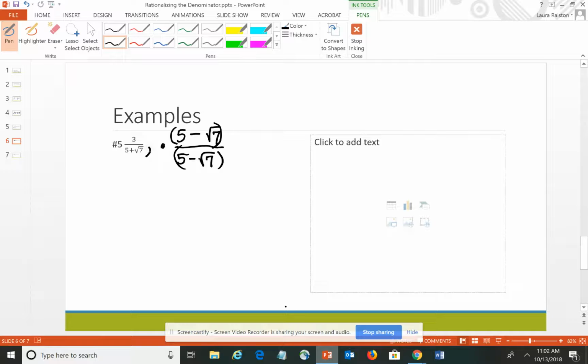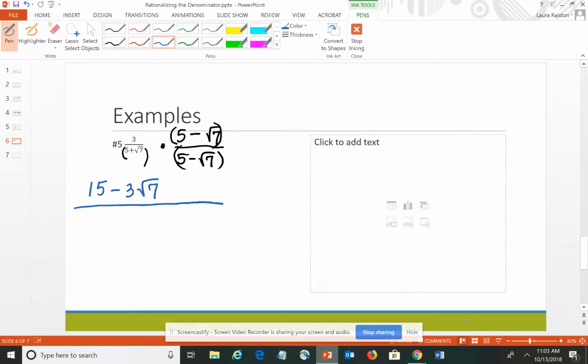It may help you to put parentheses around these pieces here so you make sure you do the math correctly. Okay, because in the numerator we're going to use the distributive property to multiply the 3 times all the pieces in the parentheses. So we would have 3 times 5, which is 15, and 3 times minus square root 7 would be minus 3 square root 7.